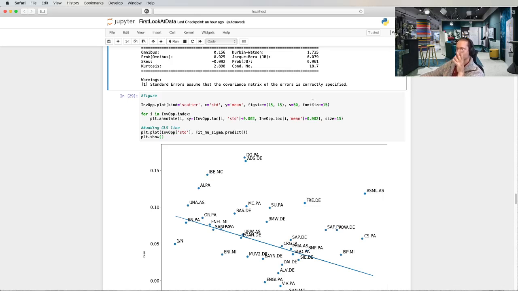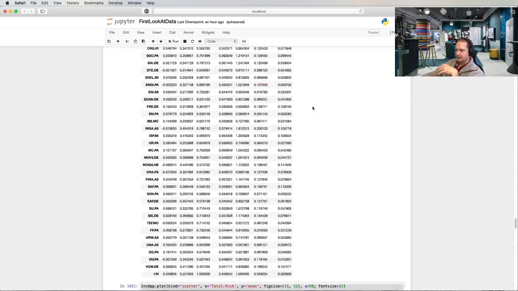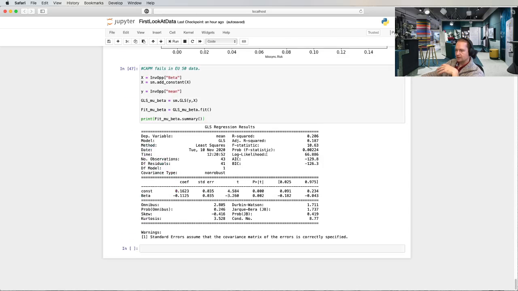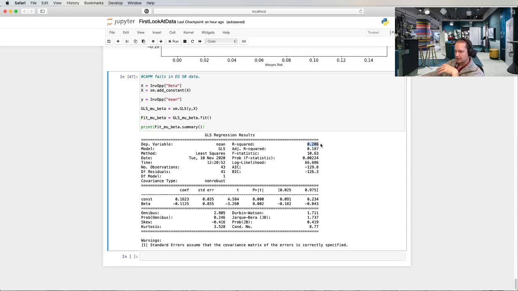Because total risk shouldn't matter too much for a portfolio manager as these guys diversify and hold portfolios. If anything, it's about the systematic part of the risk that you cannot diversify away. And we see in the data there's evidence for that. A fifth of the cross-sectional variation in mean returns can be explained by the beta, but 80% cannot. All right, but we just have a very short cross-section.